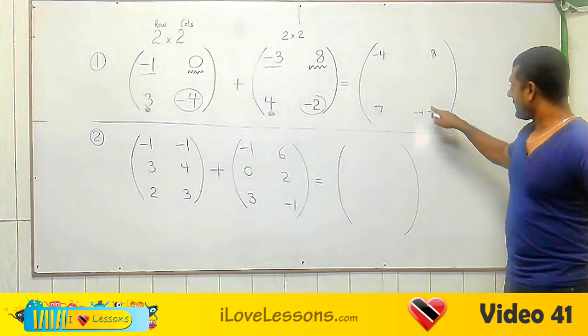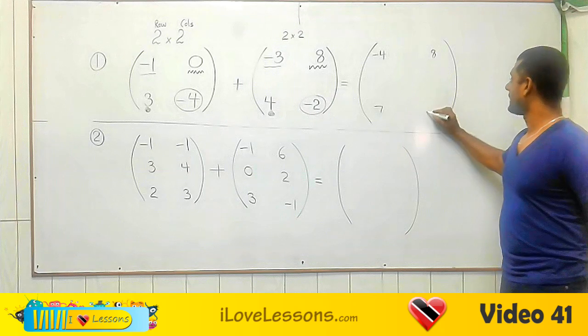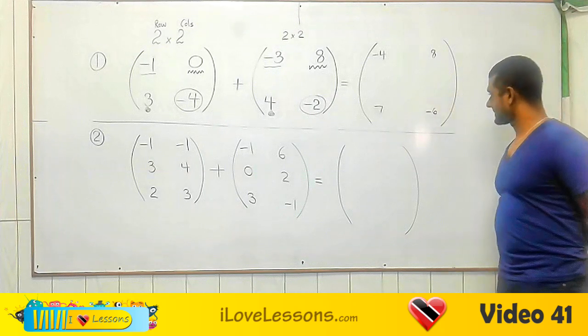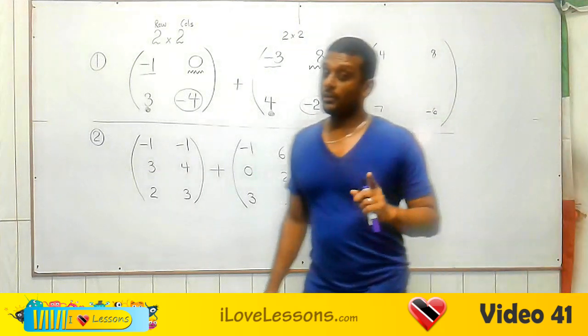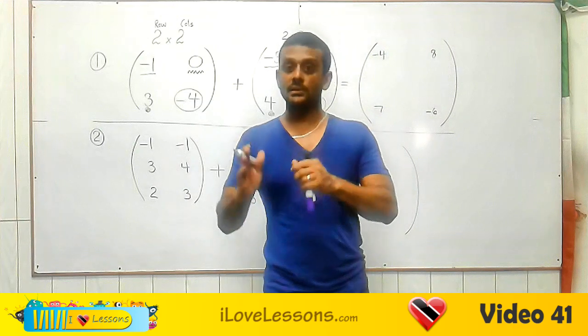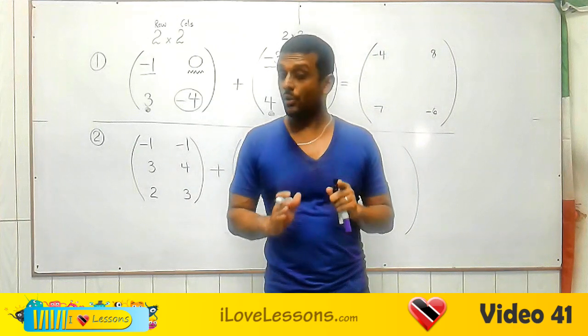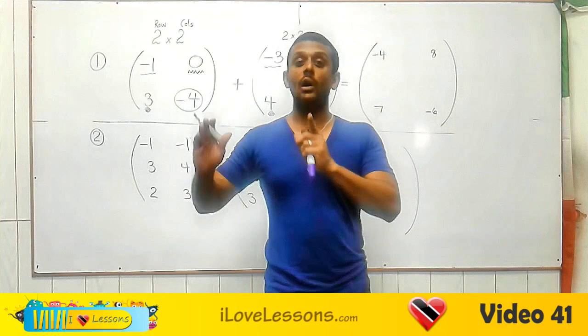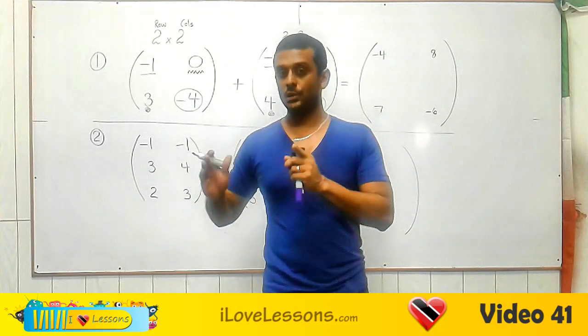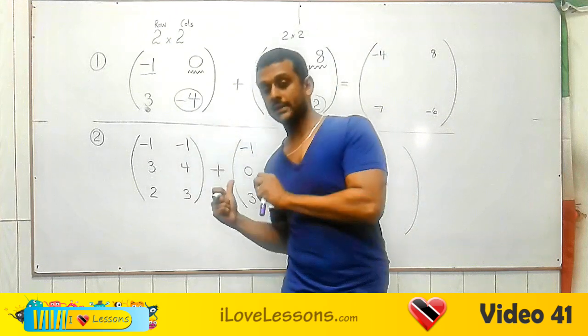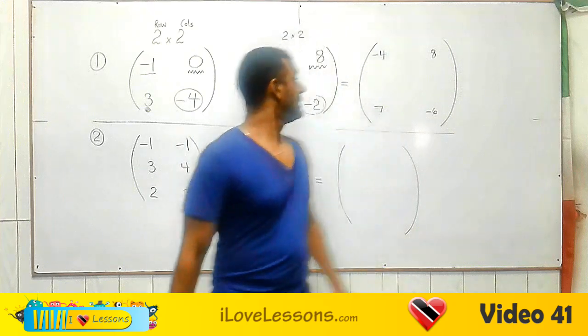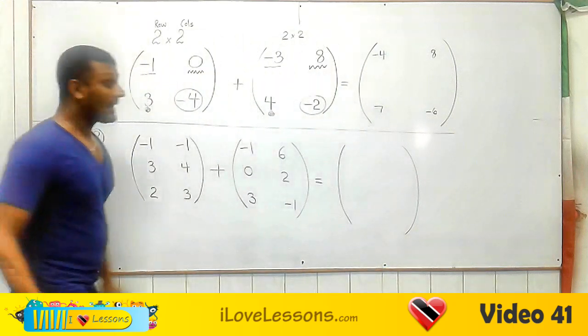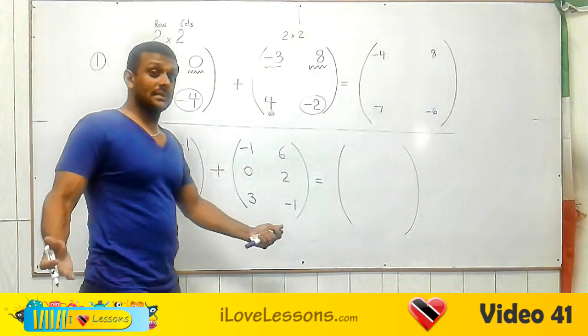So minus 4 minus 2 is minus 6. By the way, that's our final answer. You see how simple it was? Now, if you're not familiar with adding positive and negative numbers, I strongly suggest that you watch videos 1 and 2 and then come back to this video.